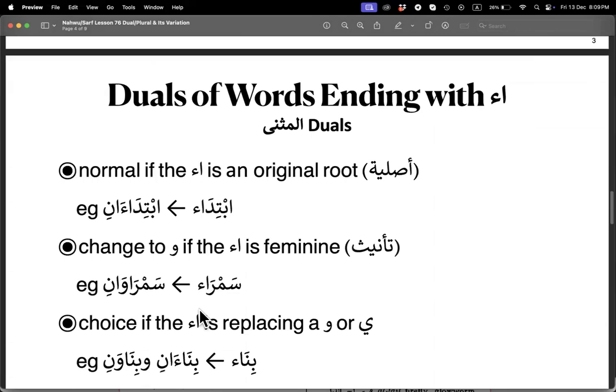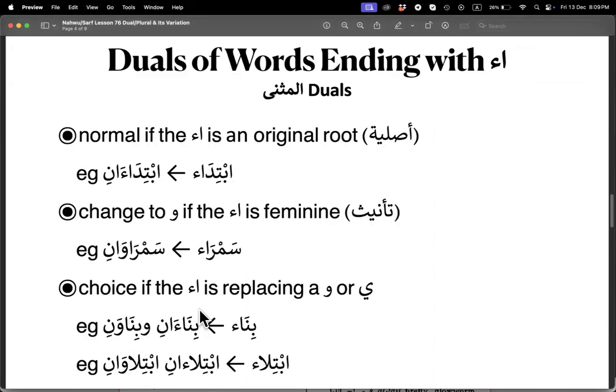Okay. What about if the word ends with alif and hamzah? Then how do we make this word dual? If the alif hamzah is an original root, is asliyah, then you do it as normal, meaning you add alif nun. So ibtida, what are the root letters here, Brother Zizi?